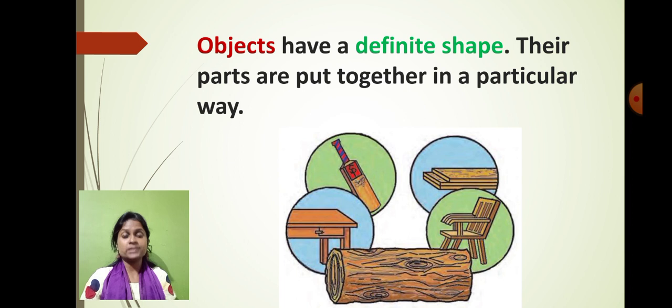In simple language, objects are man-made material which are synthesized by us, whereas substances we get directly from nature. Whatever material we directly get from nature is a substance, and when we modify the substance and make it useful for our uses, that is called what? Object. And all objects have a definite shape.